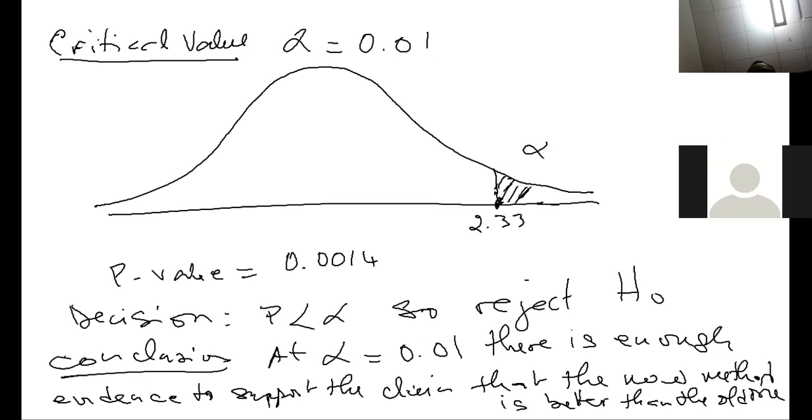So you will make the decision by comparing the test value to the critical value. Our test value was z equals 2.95. Will it be after or before the critical value?